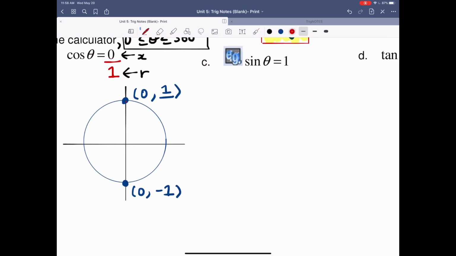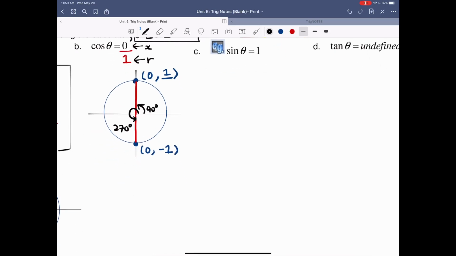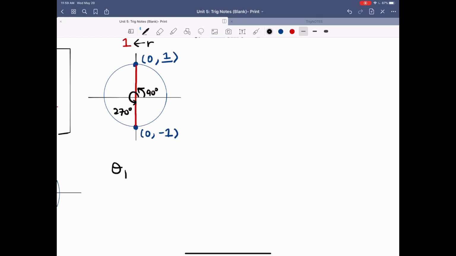Okay, so that means we have a terminal arm over here and over there. That means one of your angles is 90 degrees and the other angle is 270 degrees. So you have two answers for this. And therefore, you're going to have, as theta 1, 90 degrees. And for theta 2, you have 270 degrees. Can you please make sure that it looks like a subscript and it doesn't look like an exponent?